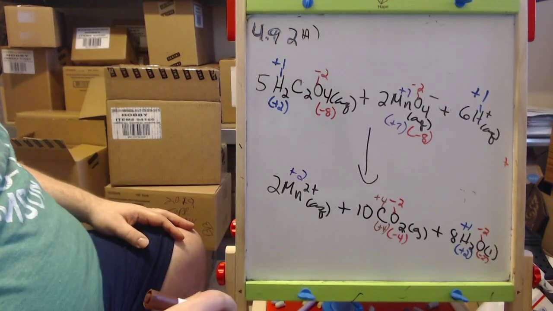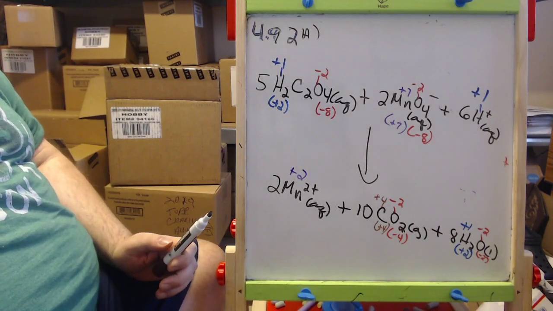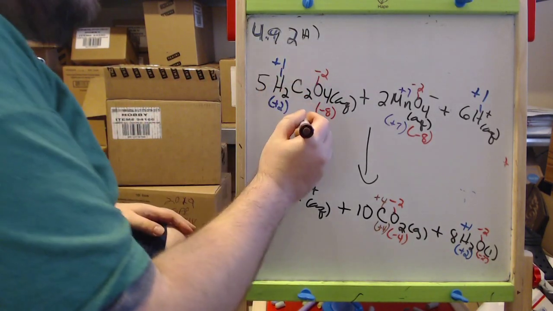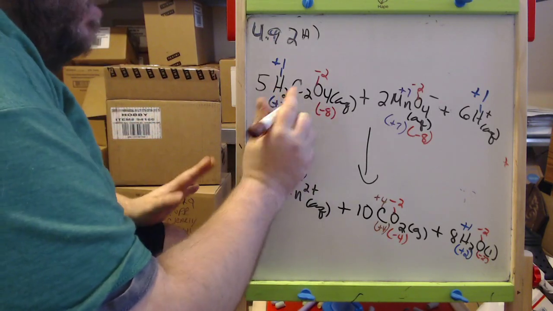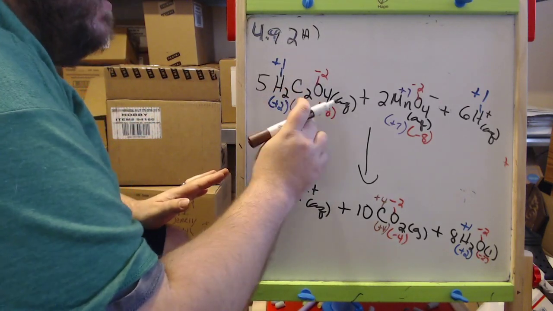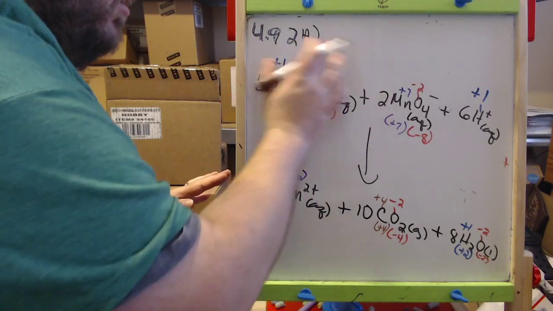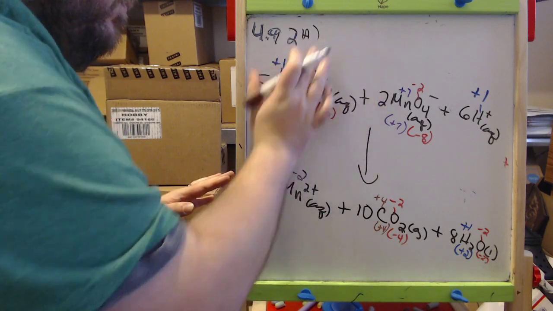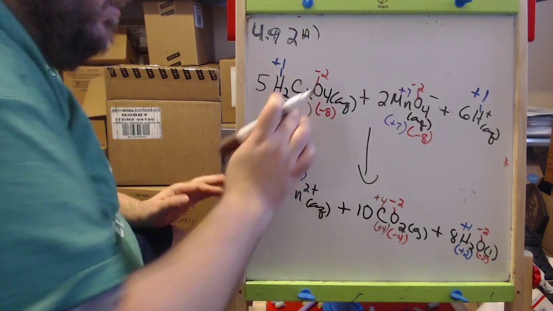This carbon, now here's where this one might be a little tricky. Carbon's total has to cancel out, so what value has to be down here to cancel this out? Because there is no charge on this.